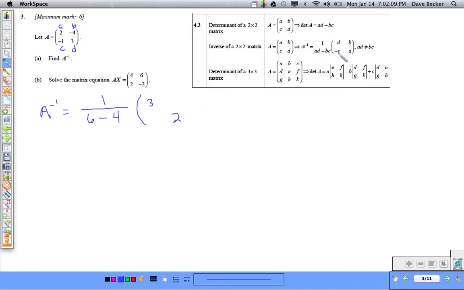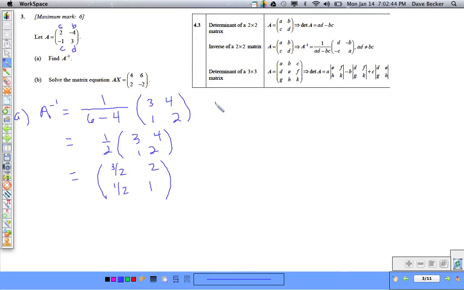And then we negate, the B and C don't switch, but we do negate them. So this becomes positive 1 and positive 4 because they are currently negative. Bam. So this becomes 1/2 times 3, 4, 1, 2, which would be equal to the matrix 3/2, 2, 1/2, 1, just multiplying everything in here by 1/2. So that is part A.